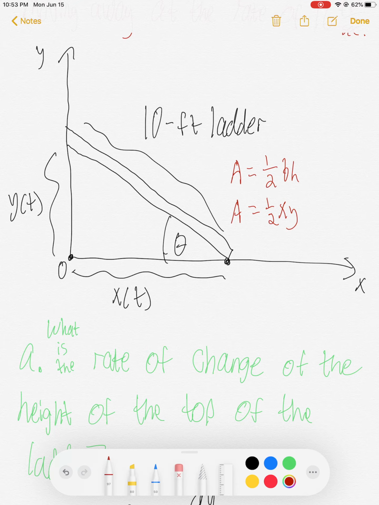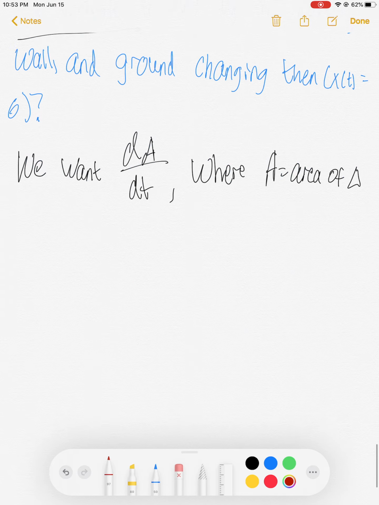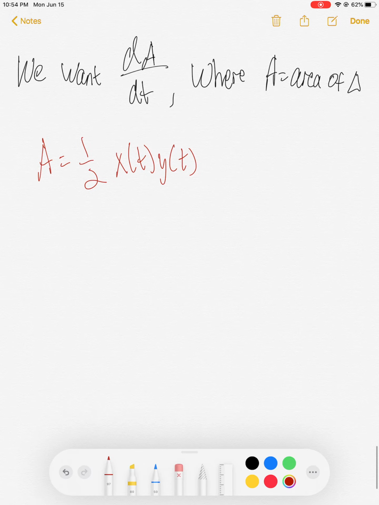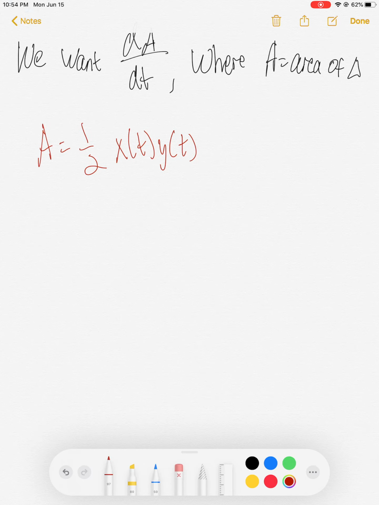In general for a triangle, it's 1/2 base times height, right? I hope that looks familiar. And in this case, the base of the triangle is given by x, and the height of the triangle is given by y. Okay, that's our area formula.